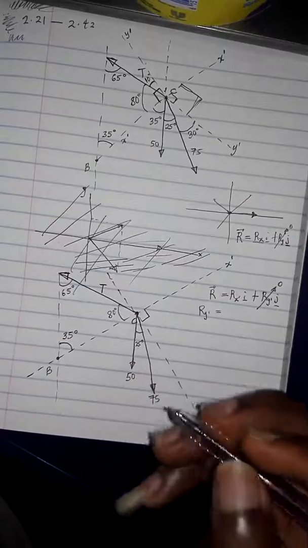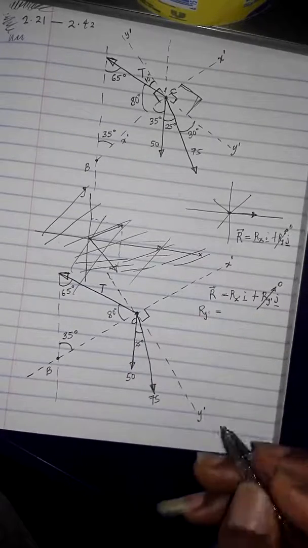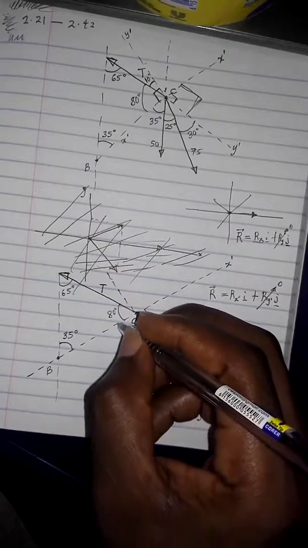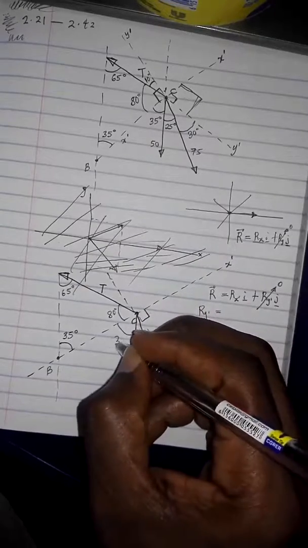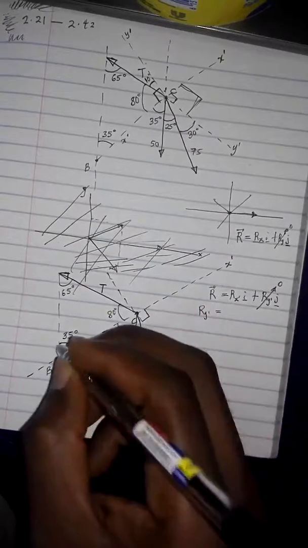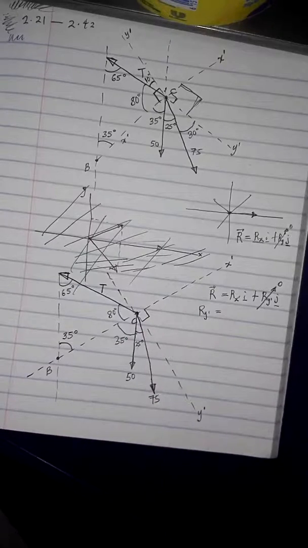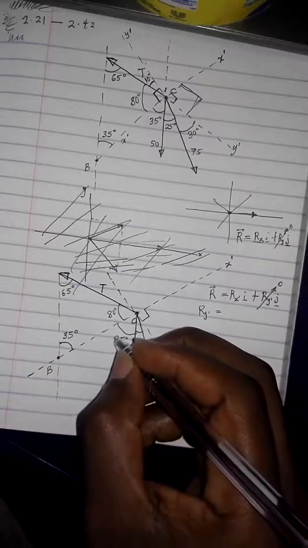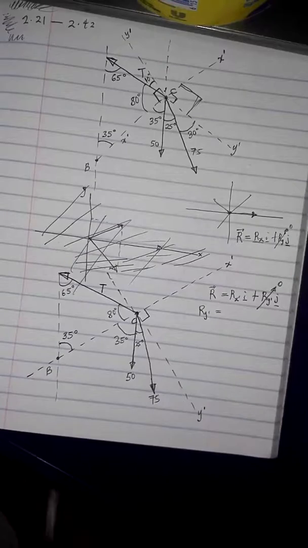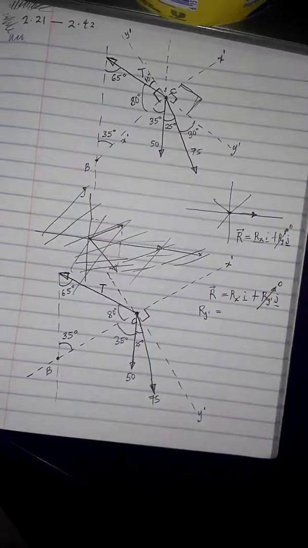Because of that, we will have this angle to be 35 degrees. Alternate angles at 35 degrees, just like what we have here. You can go further to simplify it like this, and you can get your answer directly this way.